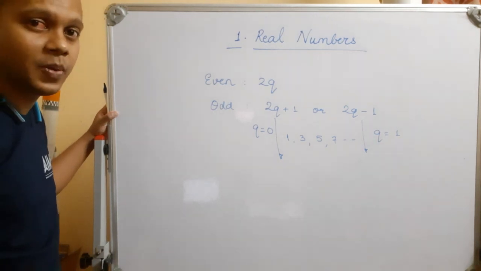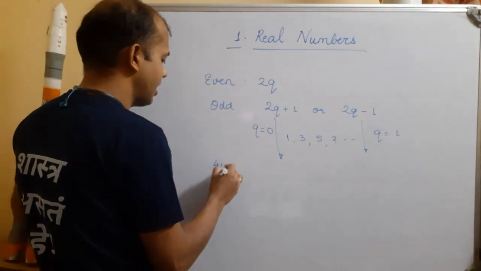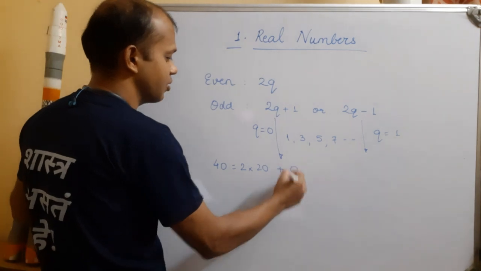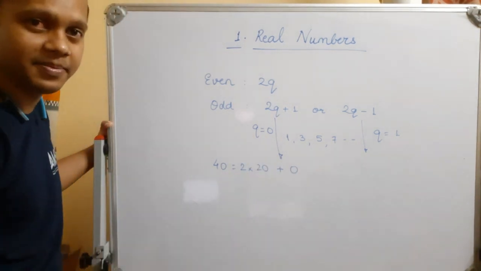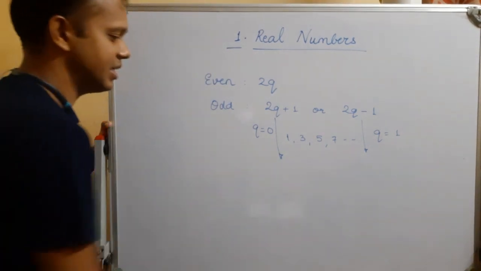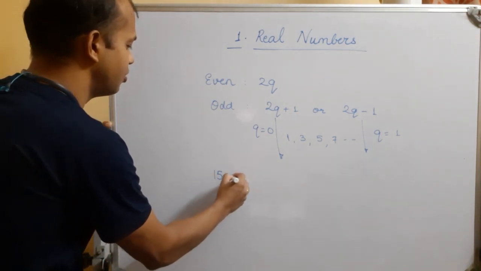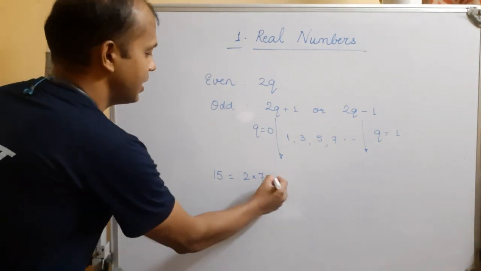I know that twice 20 is 40, so I can write 40 as 2 into 20 plus 0. Division lemma. Similarly, if I want to write any odd number, let's say 15, 15 can be written as 2 into 7, which is 14, plus 1.